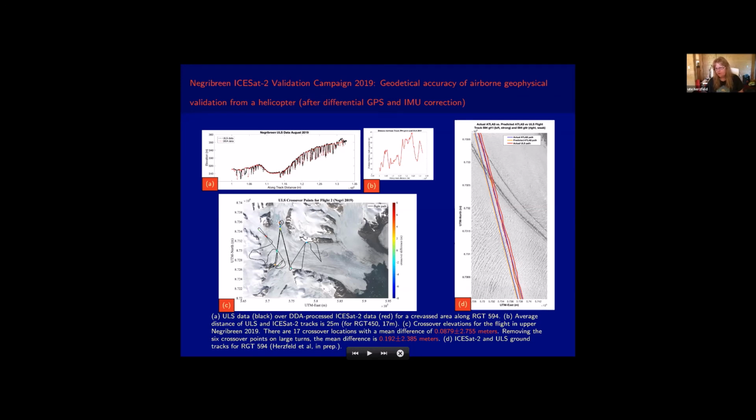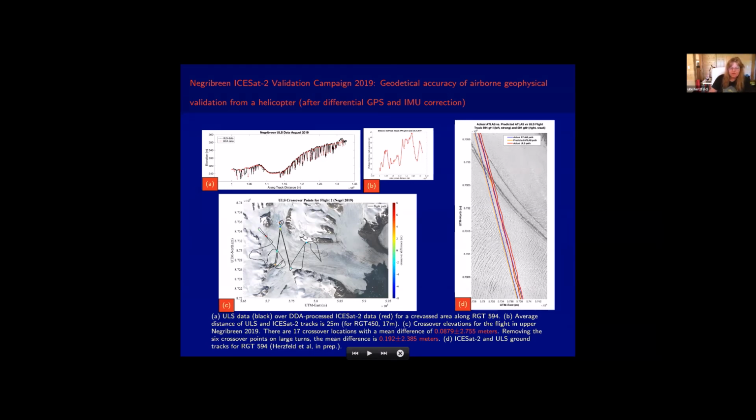So we underfly one of these paths, but the pointing accuracy also means the paths are not exactly where they are. They can be like 10 to 20 meters off. Distance from the helicopter to the path is a respectable 20 meters or so, considering in the end we had something like 30 knots wind, 60 kilometers per hour.